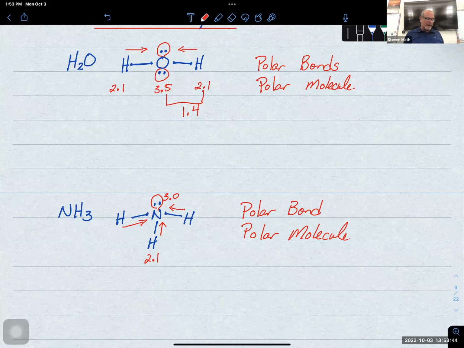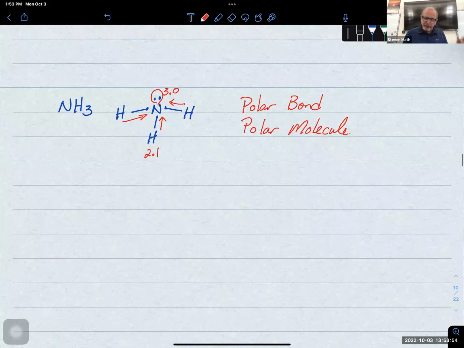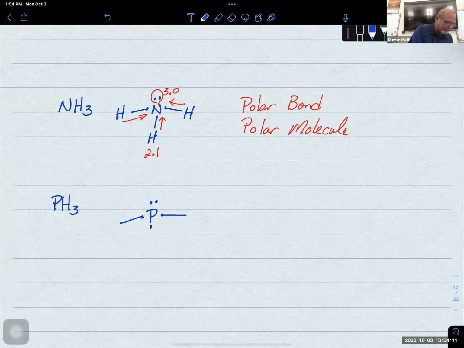And you're saying, well, gosh, that means they're always going to be the same. If it's a polar bond, it's going to be a polar molecule. And that's not necessarily true. Here's an example that's just like that ammonia that we did. But instead of ammonia, if I substitute phosphorus, PH3, now the phosphorus goes in the middle just like the nitrogen did. It bonds the exact same way.